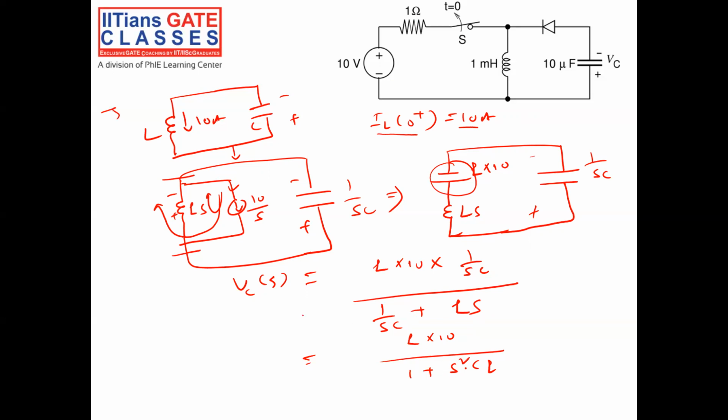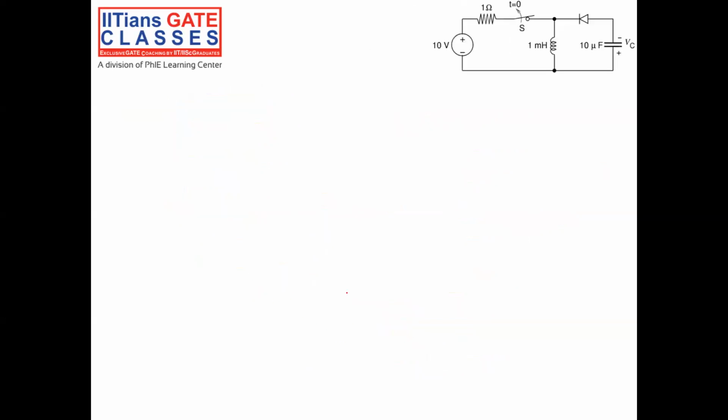This is my VCS. So VCS is equal to 10 into L divided by S square LC plus 1. We'll take LC common. So I got 10 by C, divided by S square plus 1 by LC.